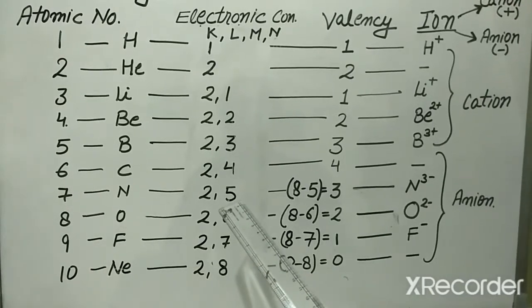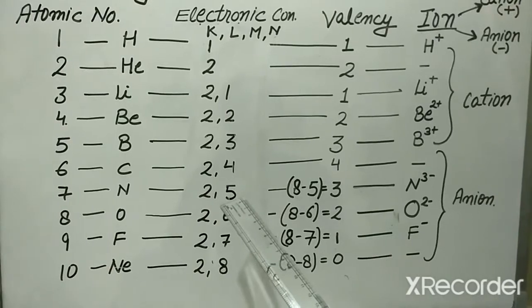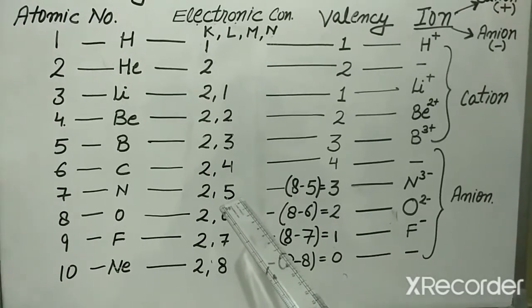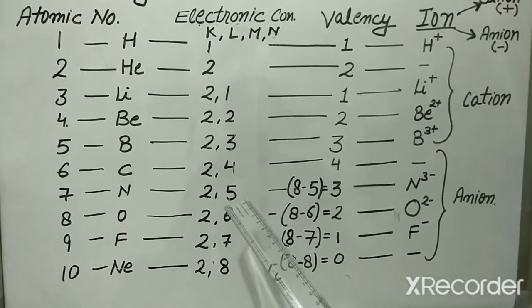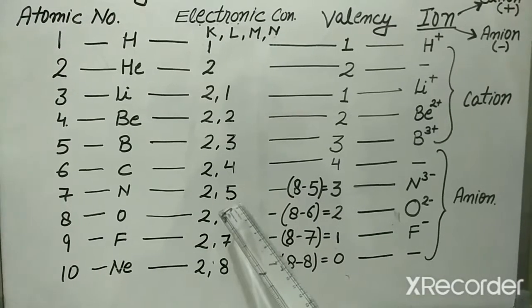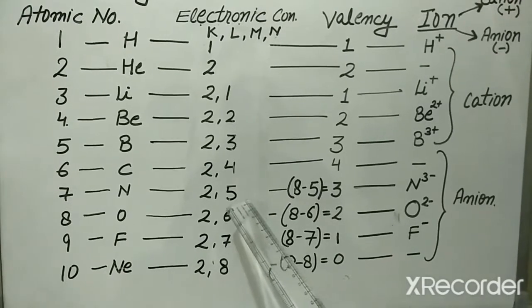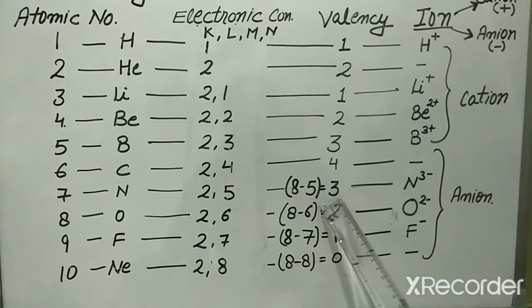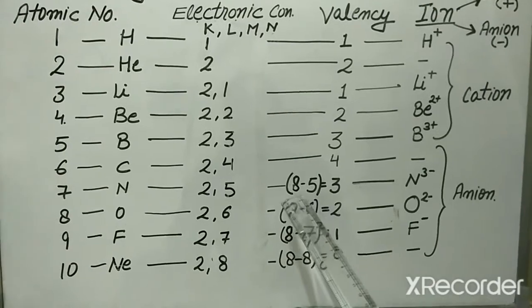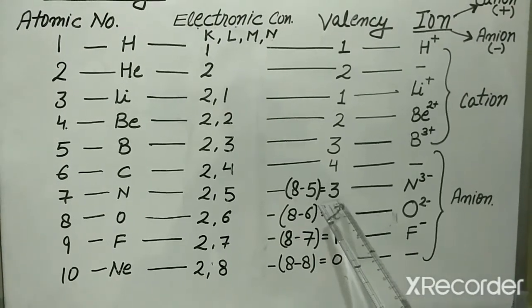To acquire the octet or 8 configuration, how many electrons are required? 3. Yes. So it takes 3 electrons from another atom so that it becomes 8. And the valency is 3. Or we can take out valency in this way also, 8 minus 5, 3 electrons.